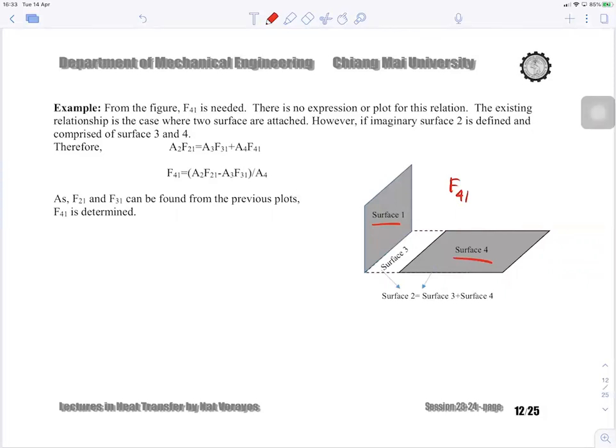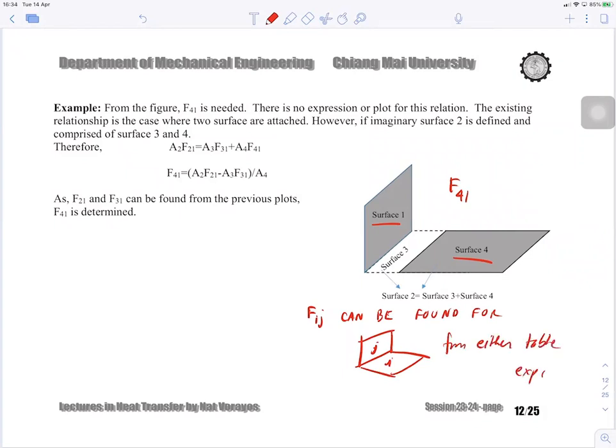Okay, so reminding you that Fij can be found for the case where this is surface i, surface j, from either table or expression, right?